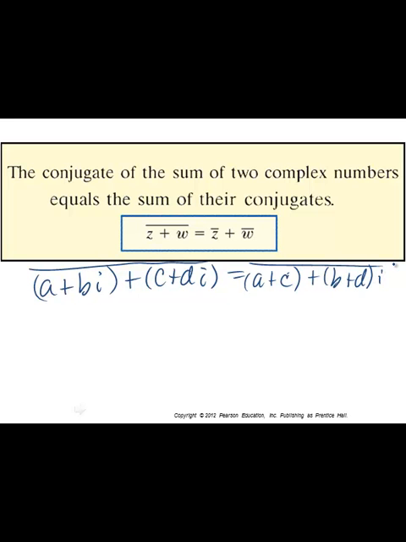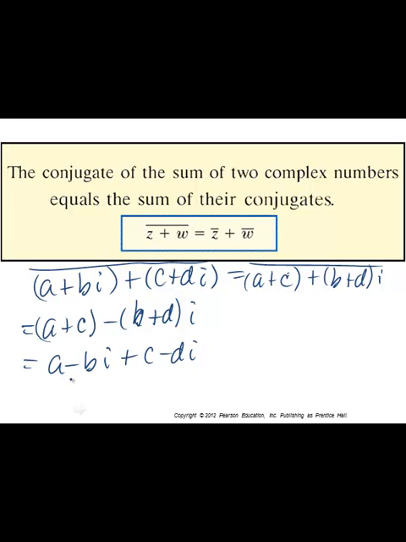Taking the conjugate of that, you'll have (a plus c) minus (b plus d)i. But then unpackage this, and you'll have a minus bi plus c minus di. But a minus bi is the conjugate of a plus bi, and c minus di is the conjugate of w. Okay?